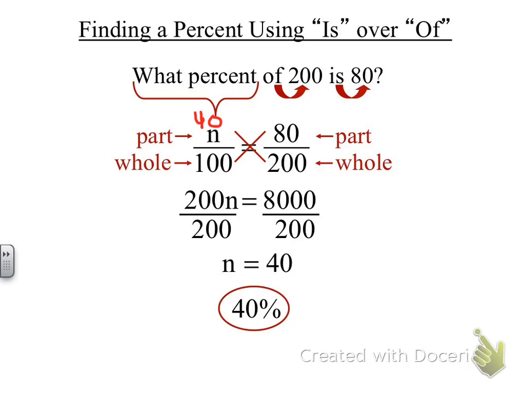Or 80 is the part out of the 200. So when it says what percent of 200, of is your whole. 80 is your part. A piece of the whole. That's what we're really finding. How much of that pizza, if the pizza were sliced into 100 pieces.